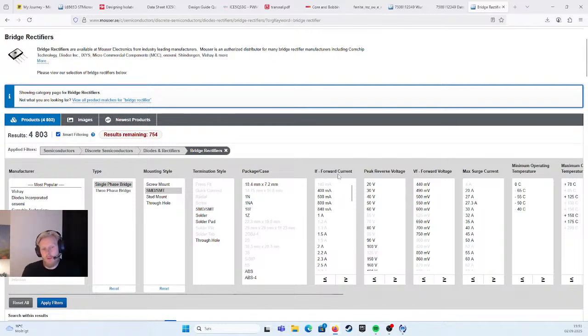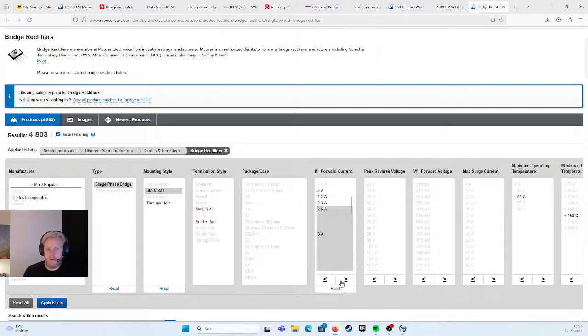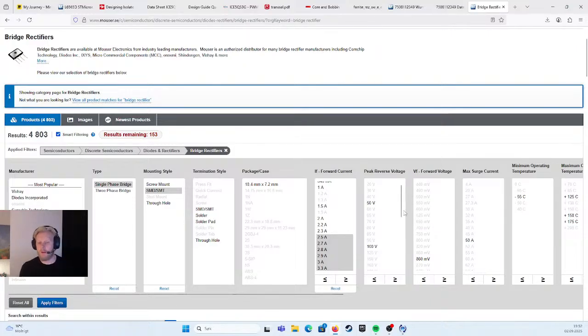I assume the forward current has to be some margin above our rated current. Maybe above 2.5 then. Peak reverse current.